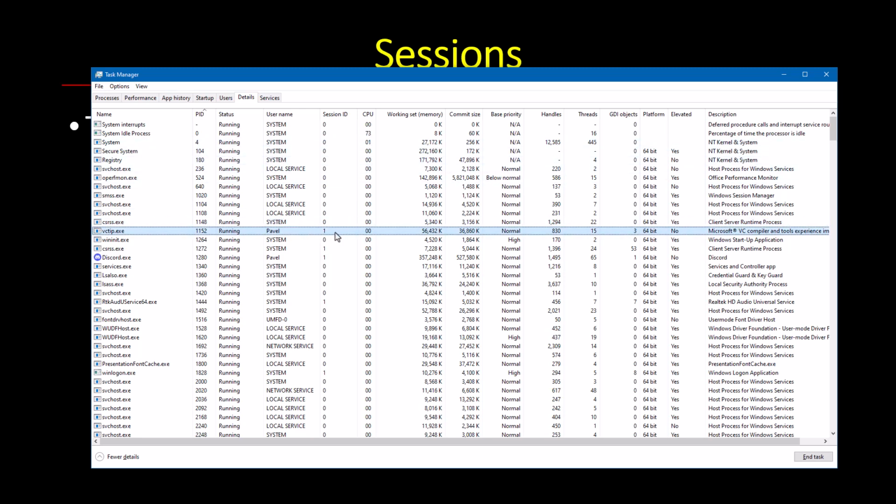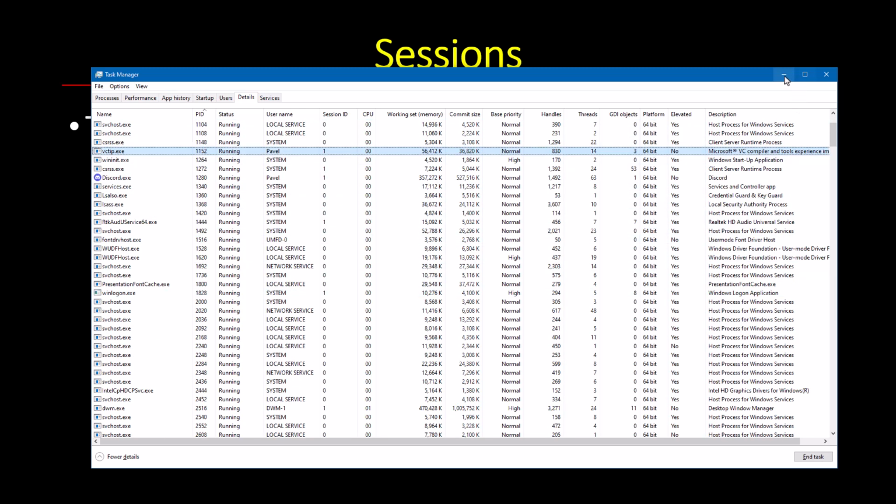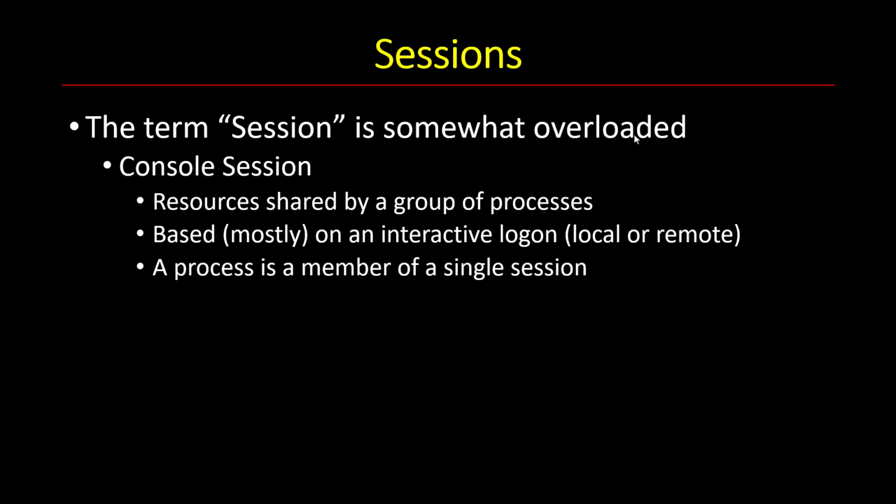Session 1 represents my login. The fact that I'm interactively working with the system means I have my own session, and this is represented by session number 1. If I go to a virtual machine that I might be using, then I might have even more sessions, and we'll see that very soon. And so a process is always part of one session.